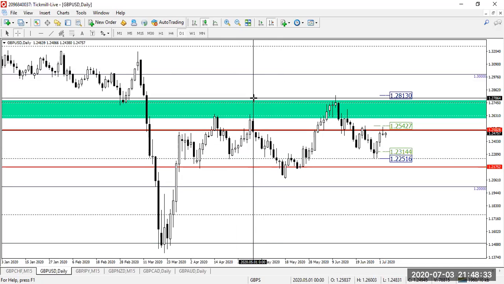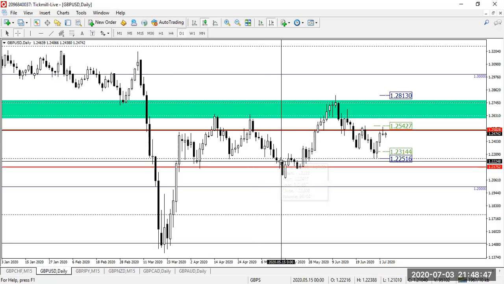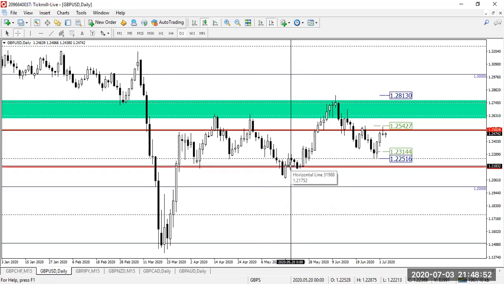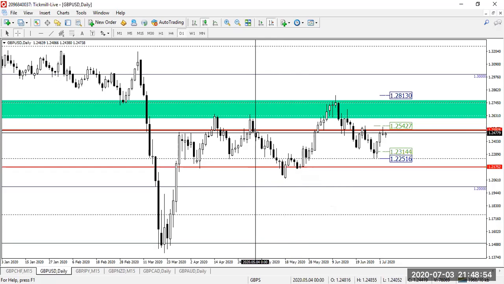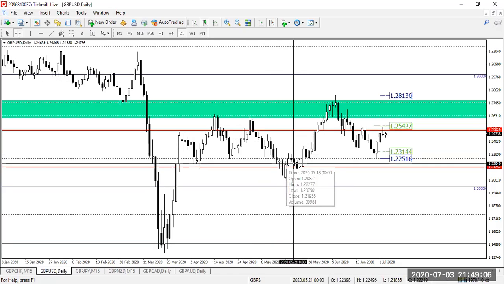So with this information, when the first Monday of the month of May started, it was clear we would sell until we hit this lower zone here. The power round numbers pulled back below 1.25, and that indicated that they were going to push until they cleared stops in this area, and that's what they did.